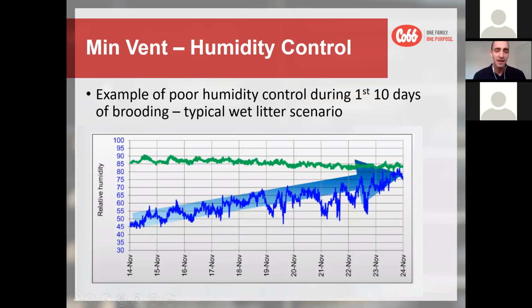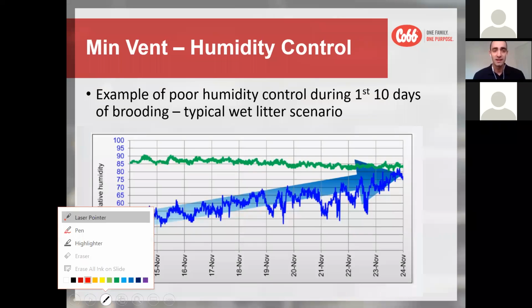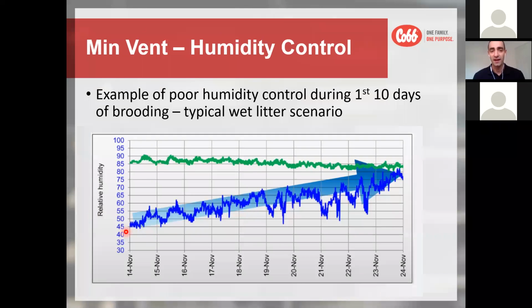Over 10 days, you can see that the humidity in the house at placement was 45%, and it slowly rose over the 10-day period, and that's going to lead to wet litter all of a sudden over here. So you need to control your humidity in your houses and maintain it within the correct levels.